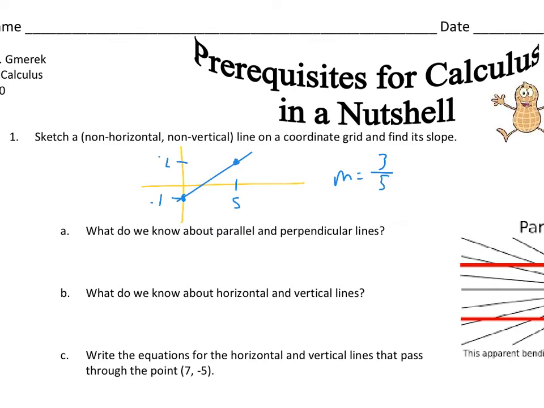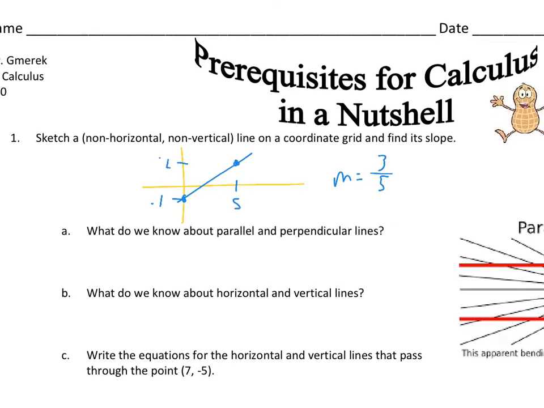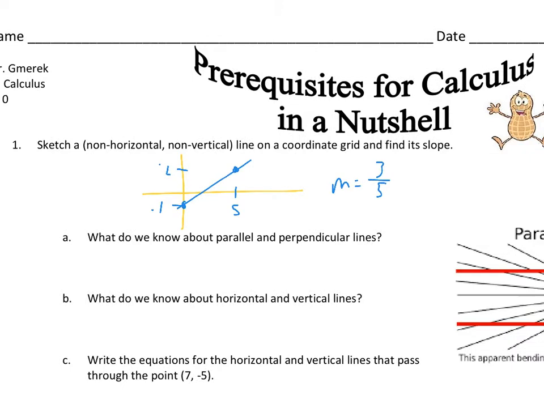Okay, what do we know about parallel and perpendicular lines? If you recall, parallel lines have the same slope, and perpendicular lines, that's the symbol for parallel, by the way, that's the symbol for perpendicular.